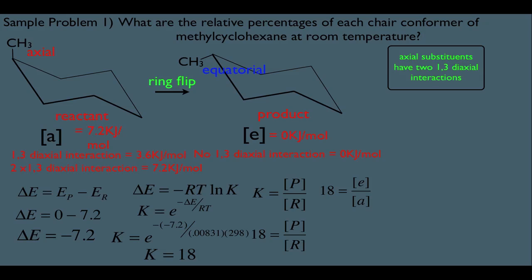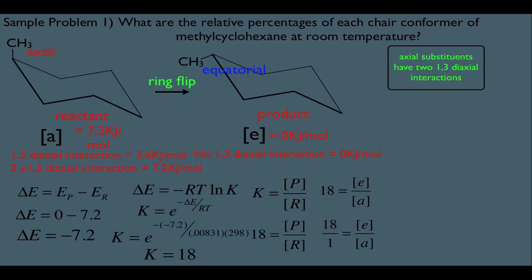And to simplify this, let's write 18 as simply 18 over 1. So what we've just determined here is that let's say you had 19 molecules of methyl cyclohexane. The last expression here is telling us that 18 would be in the conformation with the methyl equatorial, and one of them would be in the conformation of the methyl axial.